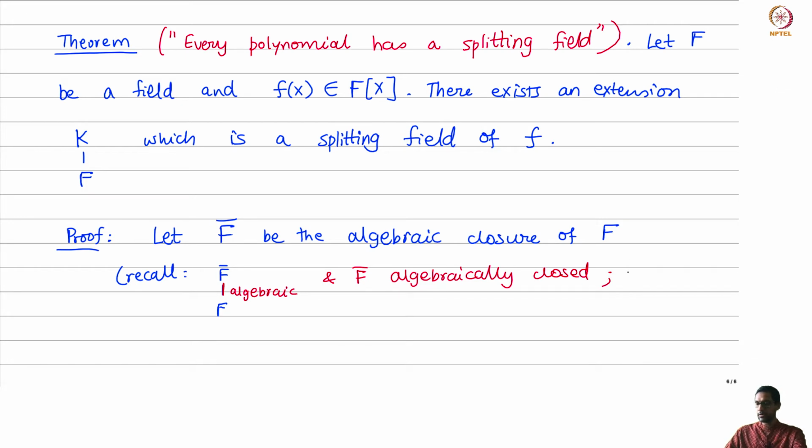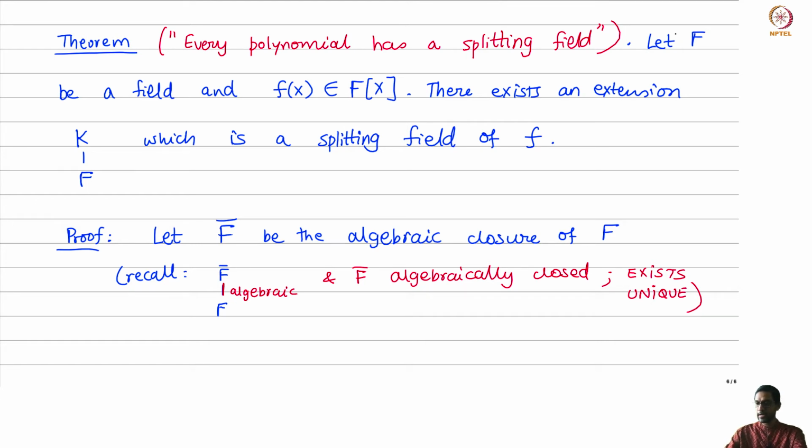And recall the two main facts, that given any field F, there exists an algebraic closure and it is essentially unique. By essentially I mean abstractly there could be many algebraic closures, but any two algebraic closures are isomorphic to each other by an isomorphism which is identity on the field F. Now F bar already gives us a first approximation to a splitting field.